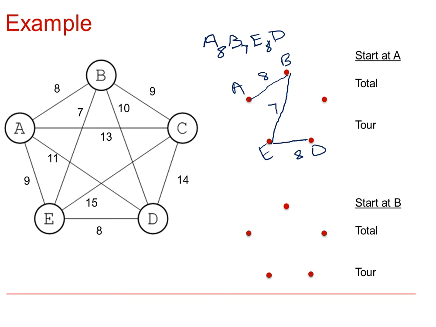Now we're at D. We've already joined A, B and E, so we are forced then to choose the rather long arc of 14 to C. Having then joined all our vertices in the network, we just need to travel back to A, and we note that this is an arc of 13, again of which we have no choice. Adding up the 8, 7, 8, 14 and 13 gives us a total tour of 50.